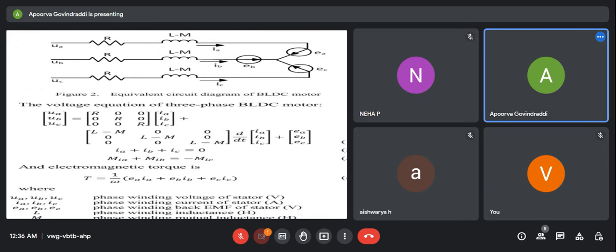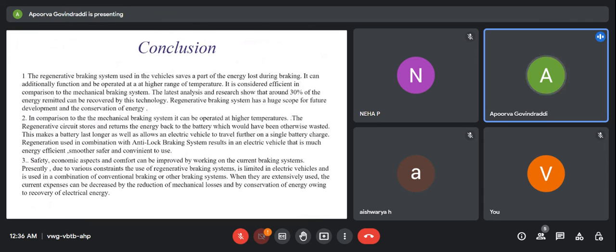Using the concept of matrices, we have the electromagnetic torque equation, that is 1 by omega into (EaIa plus EbIb plus EcIc). Now my friend will be concluding the topic of regenerative braking.